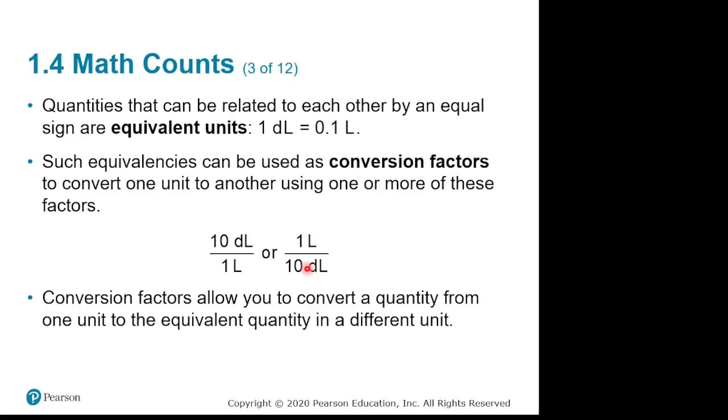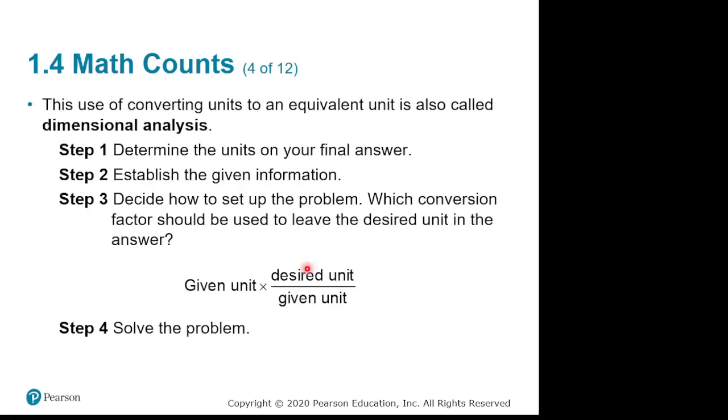Just because I want to go from kilograms to miles doesn't mean I can say 1 kilogram is equal to 1 mile. It's not, right? These are actual equalities. Deciliter means 1/10 of a liter. That's the meaning. So you have to be very aware of that whenever you're doing the problems later: I'm always stating something that I've either been given or that is an equality. I'm not just stating numbers.